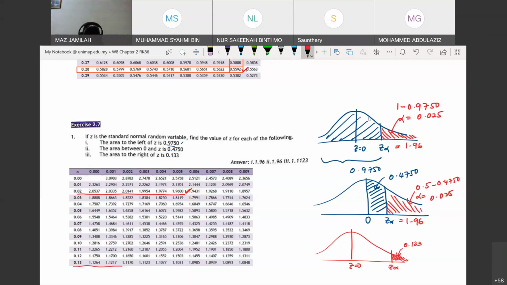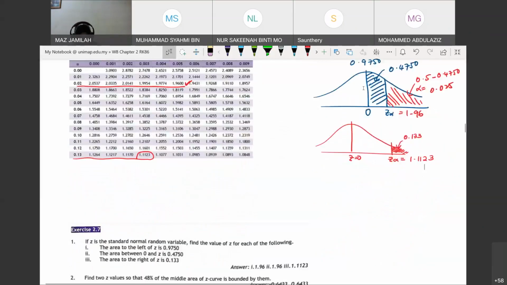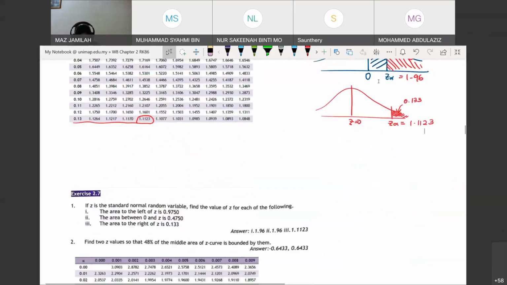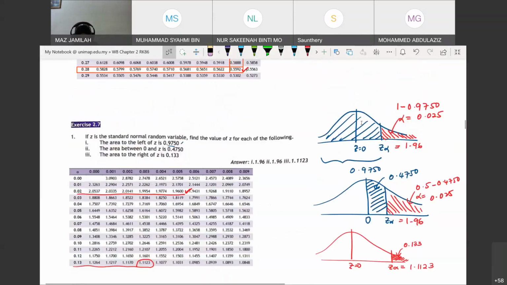So obviously your Z alpha is 1.112. Okay, so that's how we find the probability value using the upper tail table.